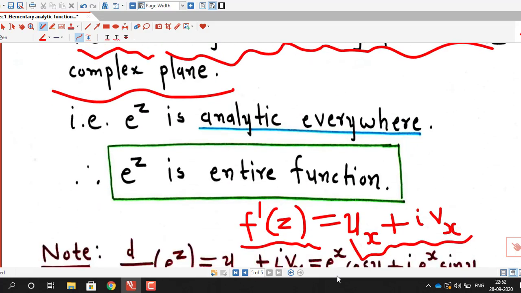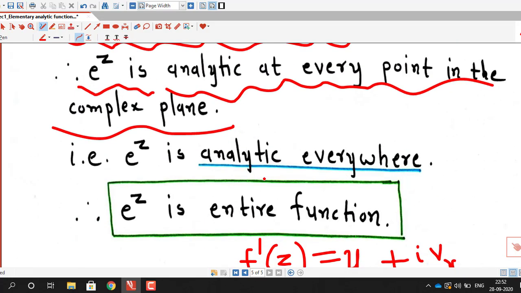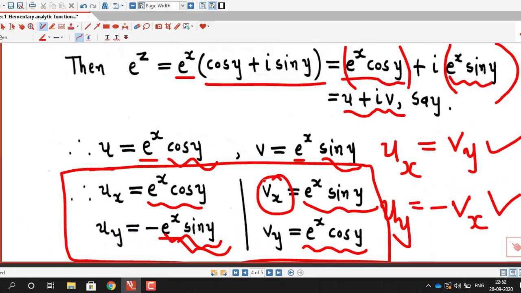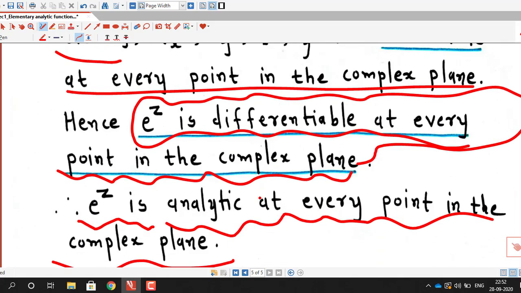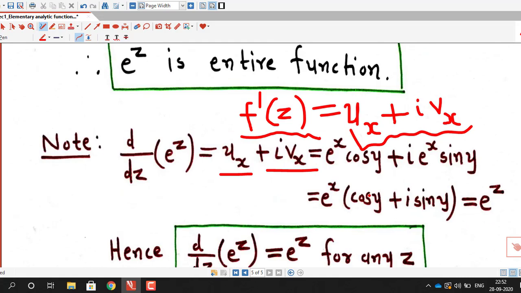Now del u by del x is nothing but e raised to x into cos y, and del v by del x is also e raised to x into sin y. So we substitute the values of u_x and v_x here, and I take e to the power x outside, and we are left with cos y plus i sin y.